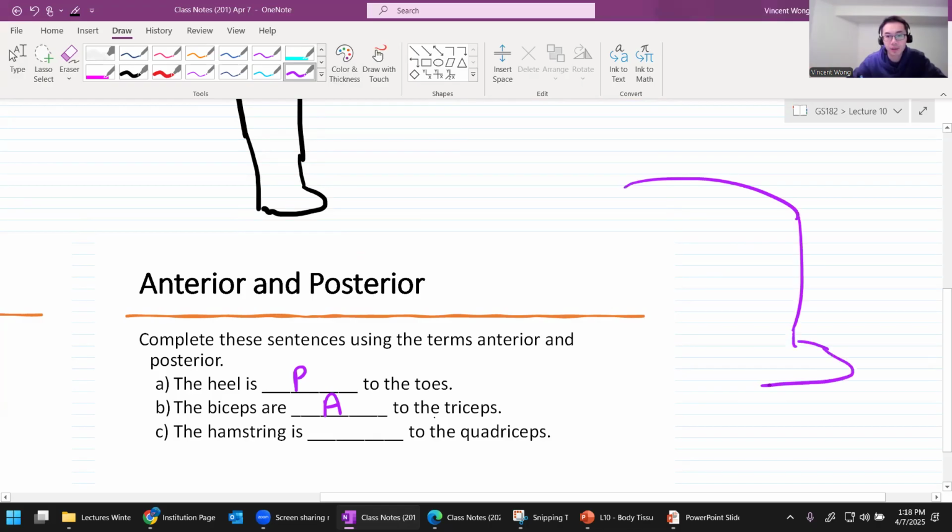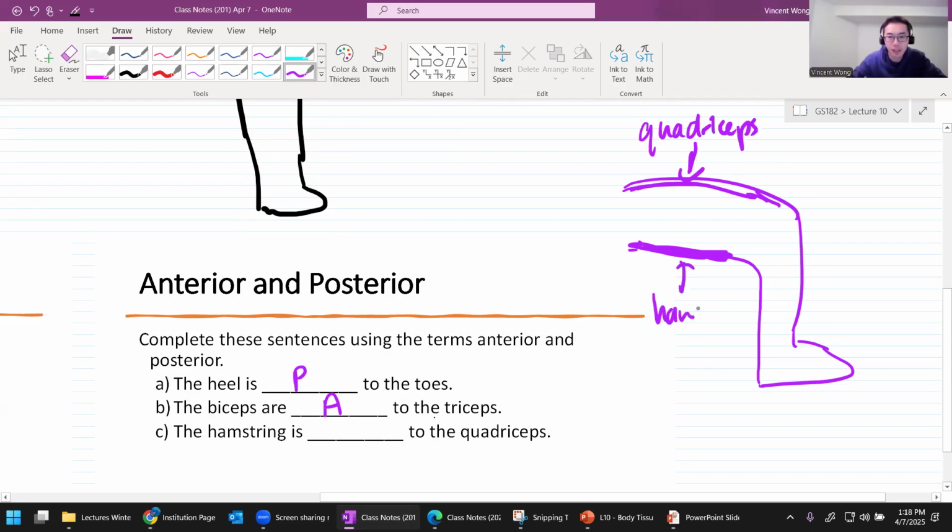If you think about your legs like this, just like you're sitting there right now on the chair, this is not in an anatomical position, but I'm trying to tell you. This here, your thigh, that is the quadriceps. And then here, it's the hamstring. Now, same thing, but standing up.